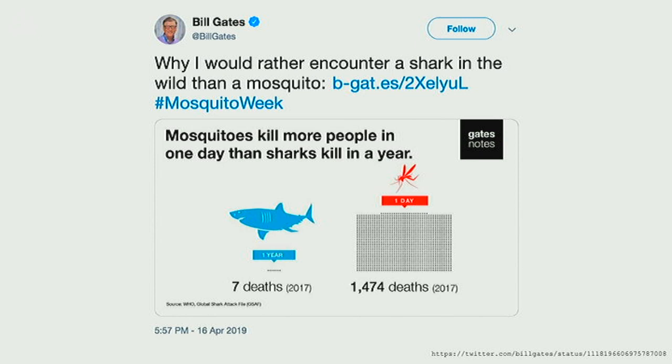So Bill Gates, he's been doing a lot of work, in the past few years, in particularly fighting malaria with the Bill and Melinda Gates Foundation. And he's trying to make a point here about how the work they're doing is important, and he says, I'd rather encounter a shark in the wild than a mosquito. And he's reporting some numbers of that per year.